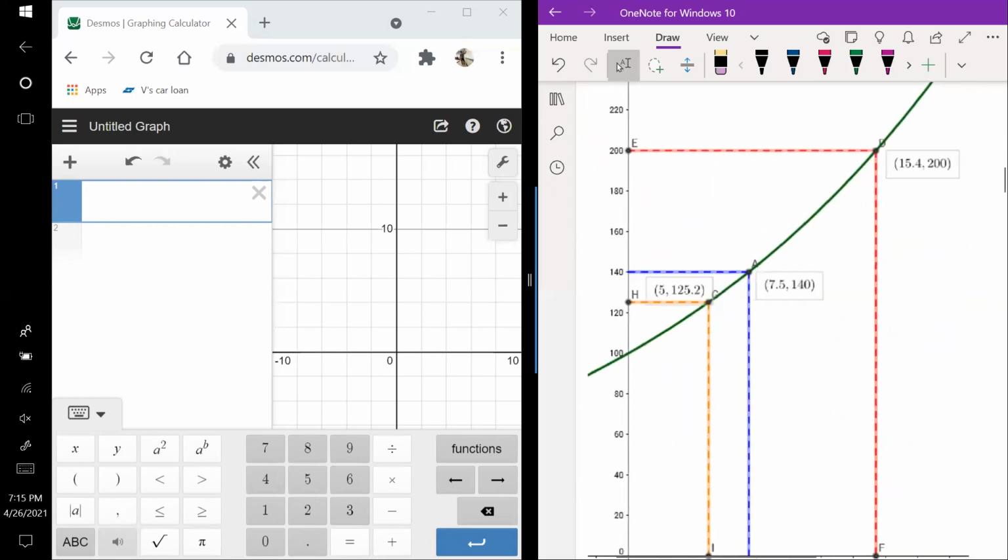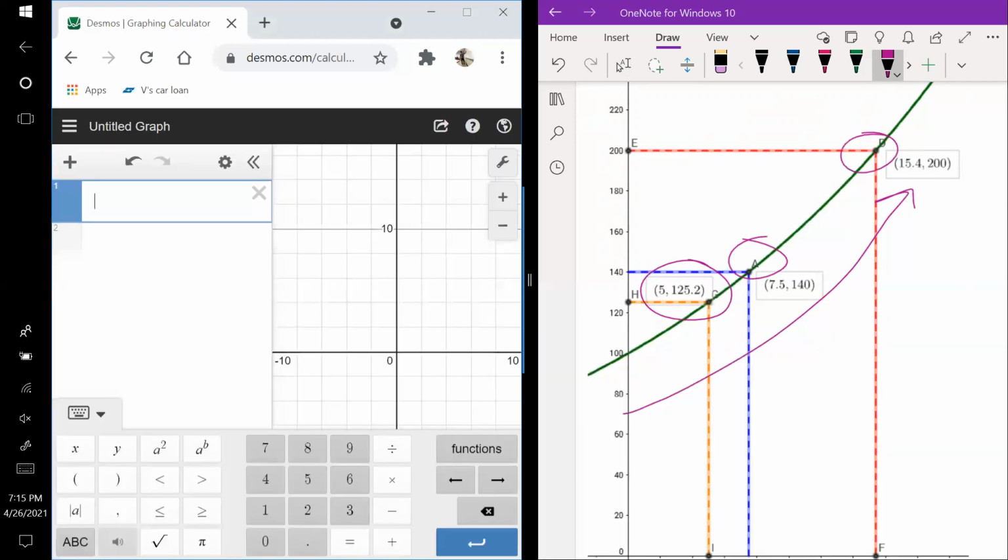So as time goes on, we see that our bacteria is slowly growing day by day. And here's all the answers we found. After 5 days, we had 125 grams. After 7.5 days, we had 140 grams. And then after 15.4 days, we had 200 grams.